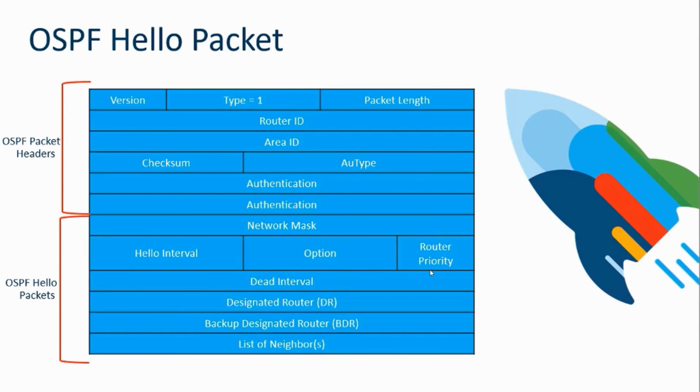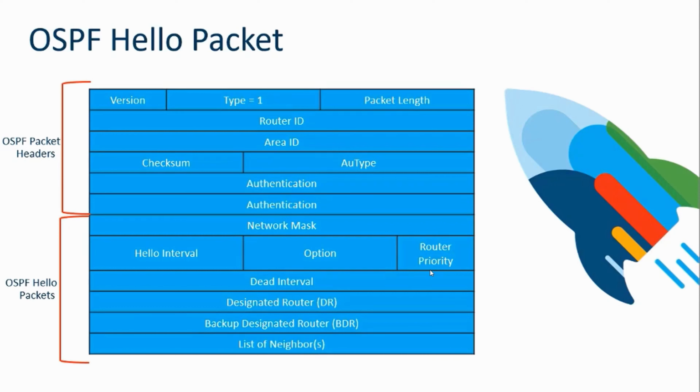Also, these hello packets include parameters that must be agreed upon in order for two OSPF routers to actually become neighbors. And lastly, when these hello packets are going back and forth between two OSPF routers, they're also used in the election of the DR, the designated router, and the BDR, the backup designated router. This is only on those multi-access networks using technology like Ethernet. Point-to-point does not use DRs and BDRs.